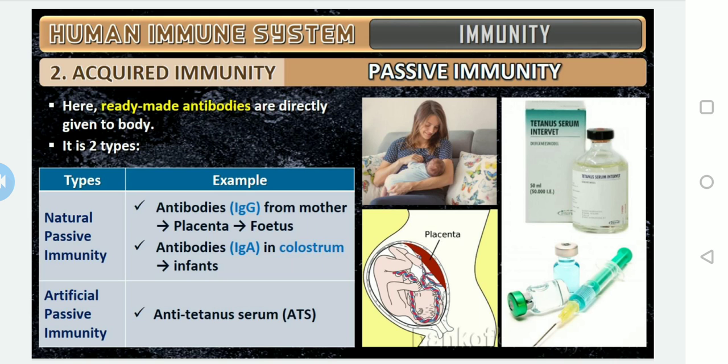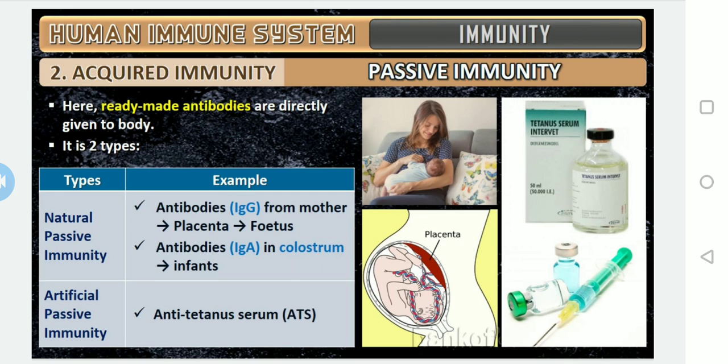This is because the antibody producing capacity in the child is very slow in the beginning stages. If the mother's milk is provided in the beginning, naturally the babies will get these IgA antibodies.